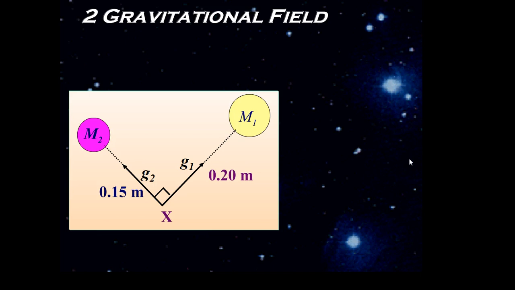So remember, the diagram is not given in the question. Given this data, you should be able to figure out that X is a point where the two forces act perpendicularly to each other.